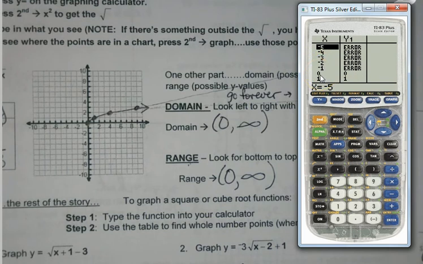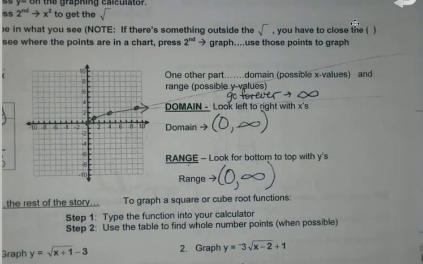So 0 is the last x value that I get a y answer out. That's why I start my domain with 0. 0 is the lowest y value I get before errors start. That's why I start my range with 0. And you can do that on every one of these. So you always have the backup plan of using the calculator if you need the help.